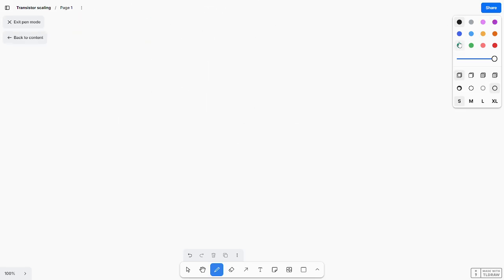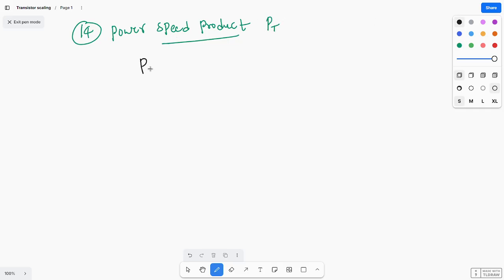And last one, power speed product, PT. PT equal to what? You can write PT equal to PG into TD.